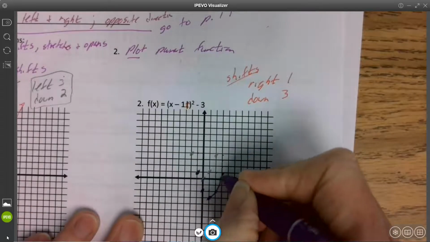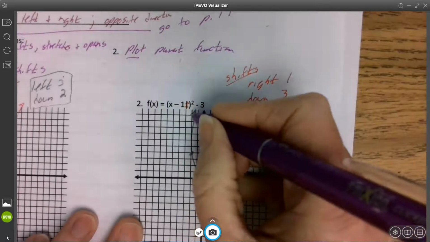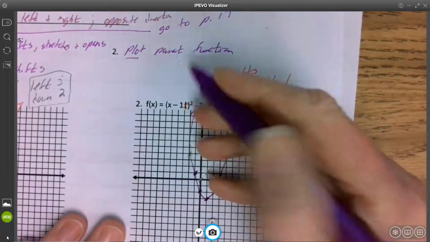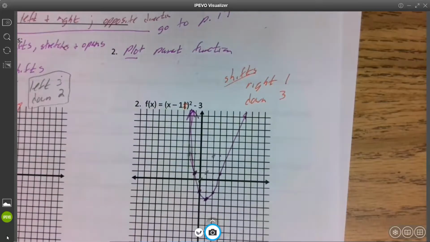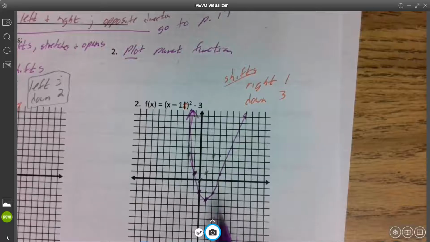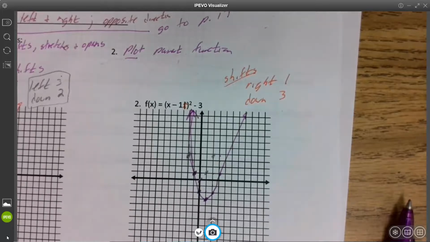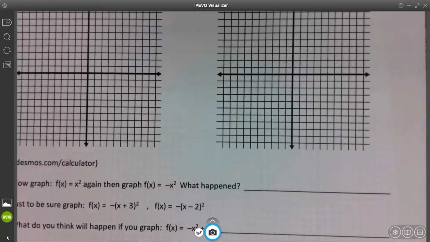So this is my graph. It's not supposed to be going through that point; it should just go right by it, but not through it. There's my graph, because I just shifted my parent function right 1, down 3. Good. Let's do some more.